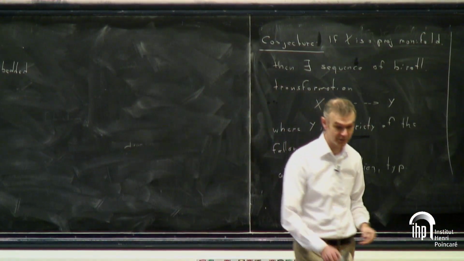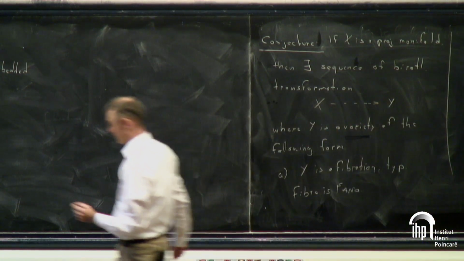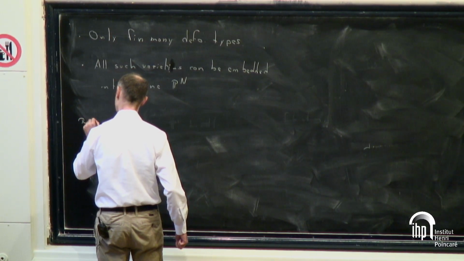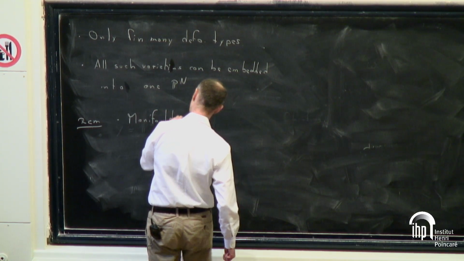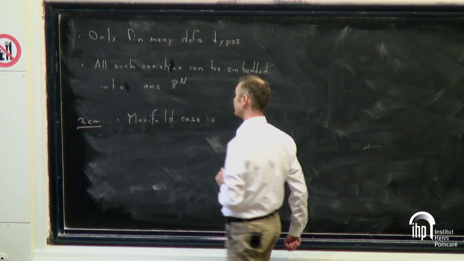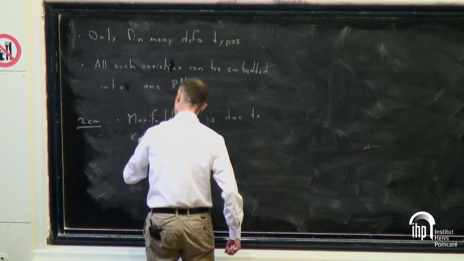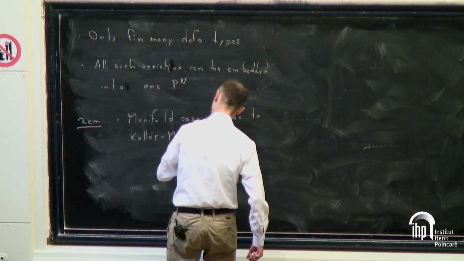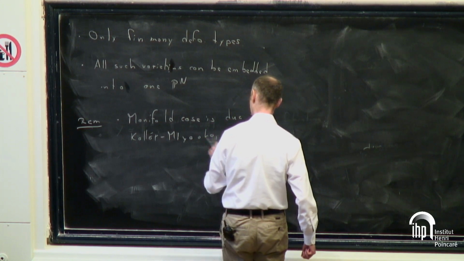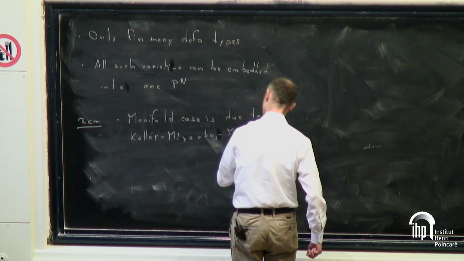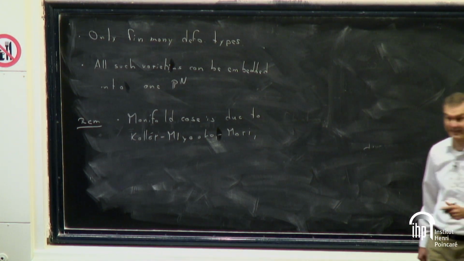A few remarks probably in order. For manifolds, this has been known before. So the manifold case is due to Kollár, Miyaoka, and Mori, with important contributions by Campana and also Nadel.